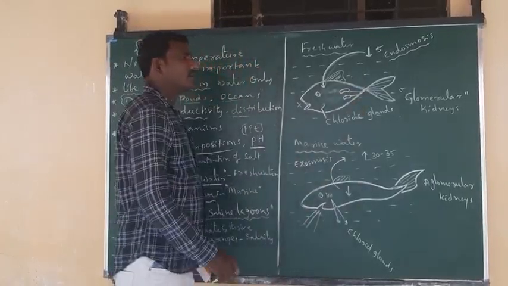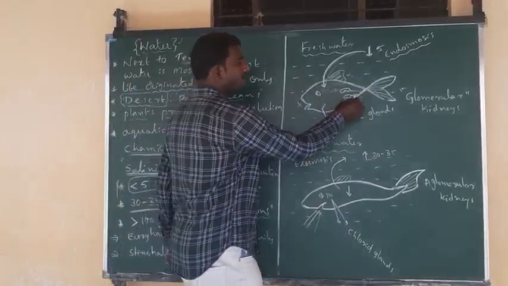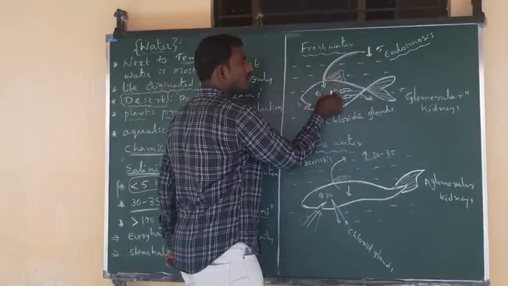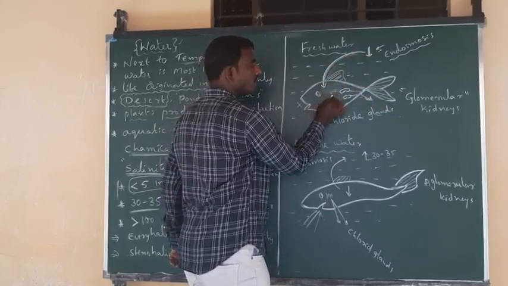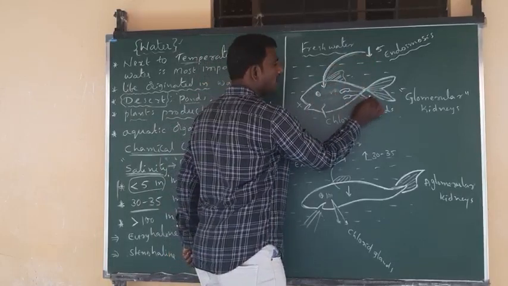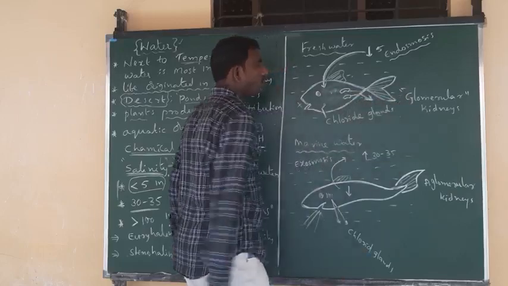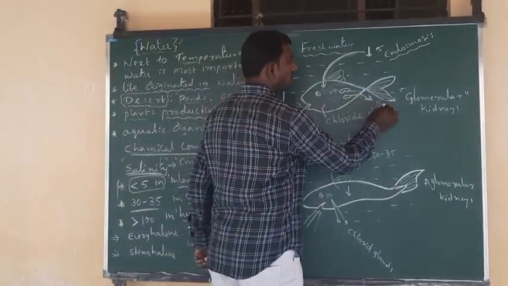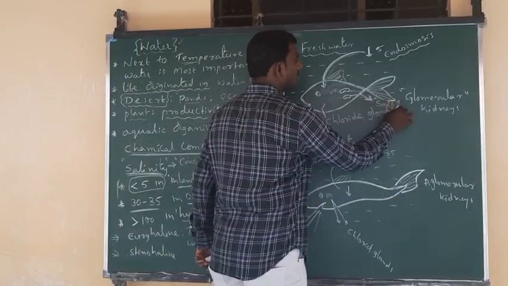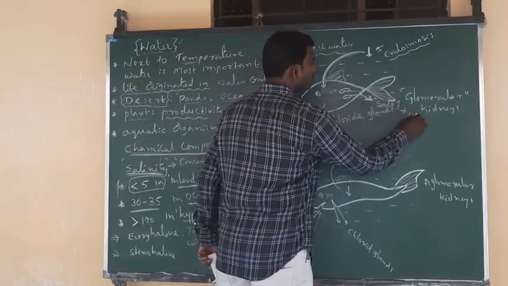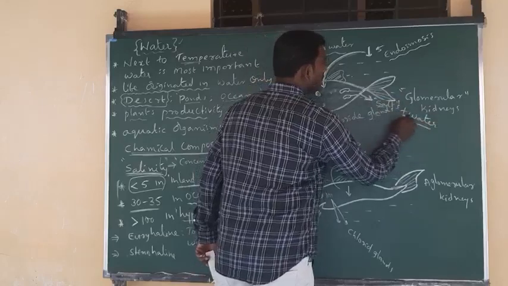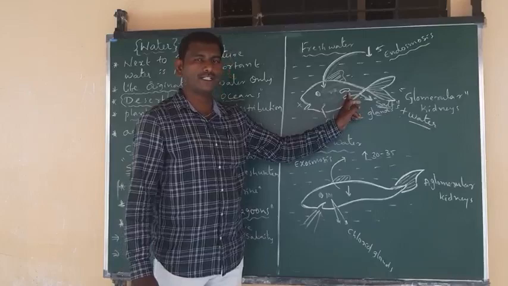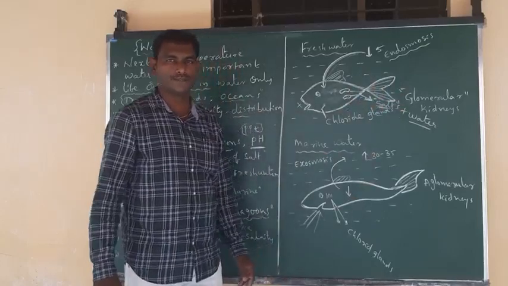That well developed glomerulus eliminates excess water, the water which enters the body by endosmosis. Along with this water, some salts are also lost. So both salts and excess water are eliminated by the glomerular kidneys.